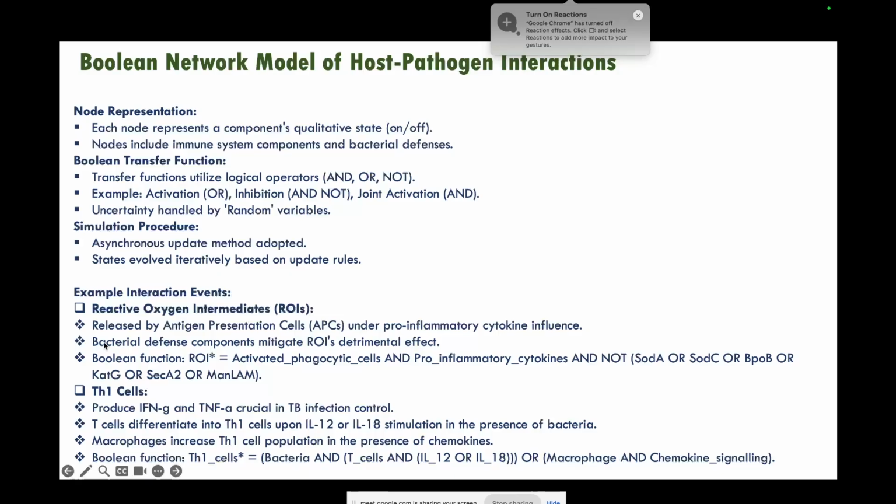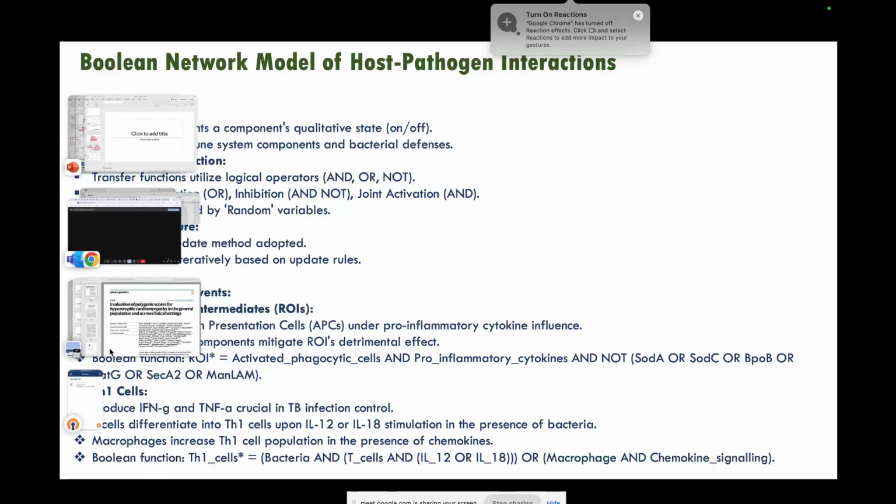So reactive oxygen intermediates are formed during the infection procedure, and these are released by the APCs, the antigen presenting cells, under pro-inflammatory cytokine influence. The bacterial defense components mitigate ROI's detrimental effect.